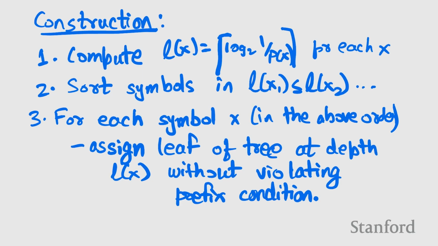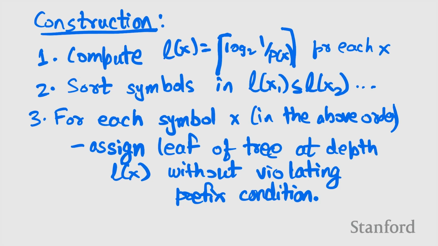You assign that greedily. You don't need to think too much. Next symbol, maybe length 3. You find a place in the tree at depth 3, which is not already a child of something else, and you assign it, and you go on, and then you have a code which will work out.